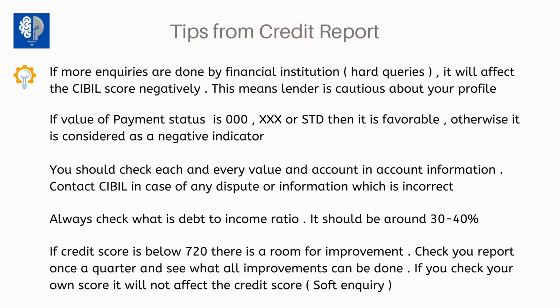They are suspicious whether the borrower will be able to give the money back or not. So just check in this section whether any bank or financial institution is checking on your status again and again.